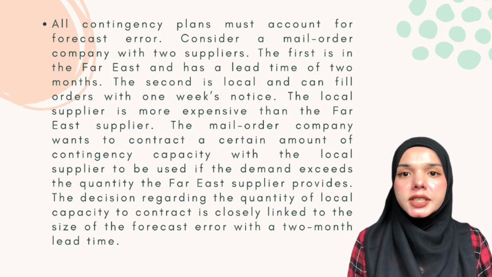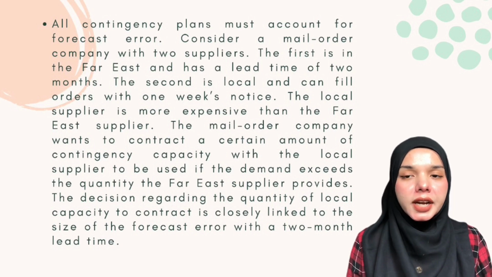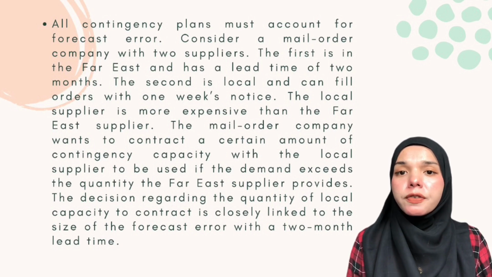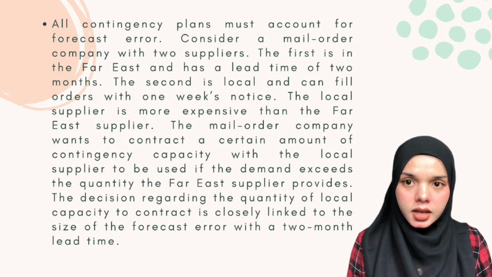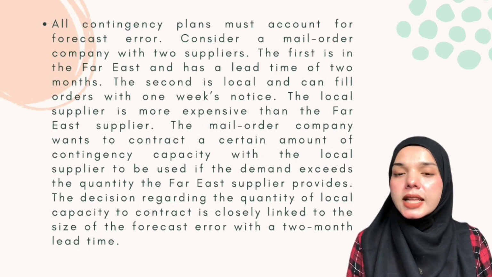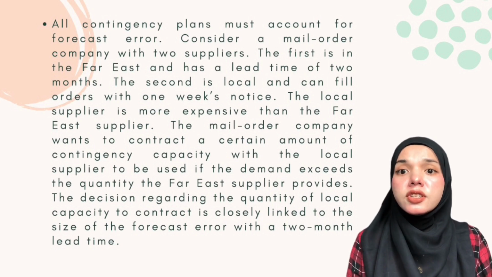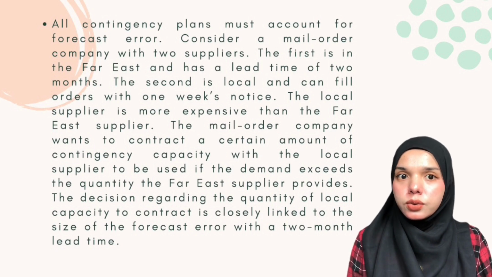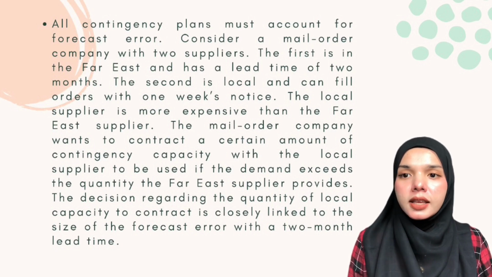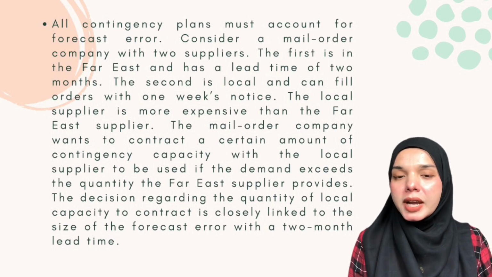The mail order company wants to contract a certain amount of contingency capacity with the local supplier to be used if the demand exceeds the quantity the Far East supplier provides. The decision regarding the quantity of local capacity to contract is closely linked to the size of the forecast error with a 2-month lead time.